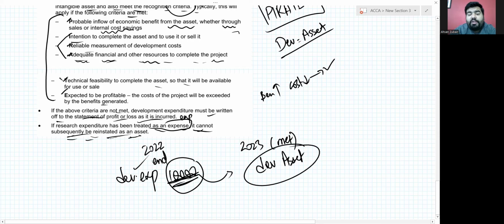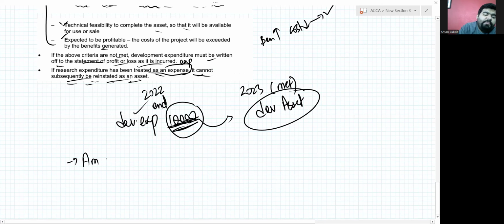Now, here as well for development expenditure, amortization will be there. I'm writing here the point that amortization for R&D, meaning only the development part that is an asset. So there is amortization like other assets. But for amortization there is a point.